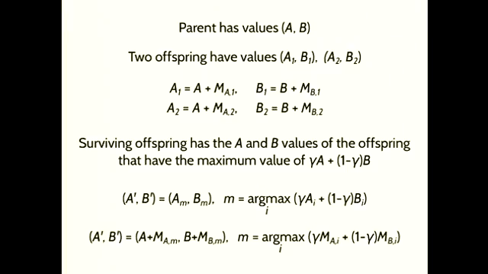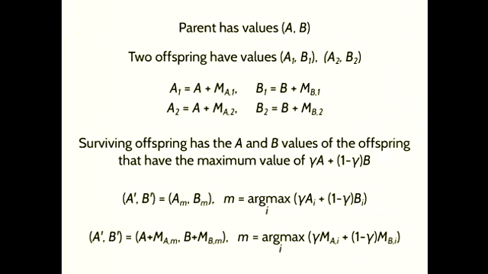Because A1, A2, B1, and B2 only differ from each other in these 4 random variables, what we're doing is taking the AB pair where the corresponding mutations maximize this quantity. To be clear, we generate 2 A mutations and 2 B mutations, and we pair them up. The one that has the maximum value of this quantity, we take those mutations and essentially apply them to the parent of the last generation to get the parent of the next. That's one way you can think of it.